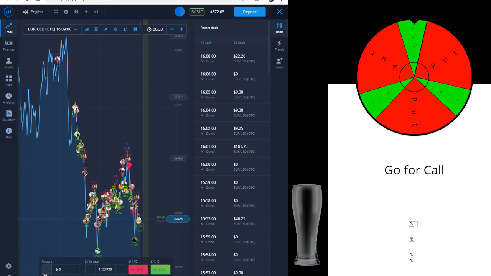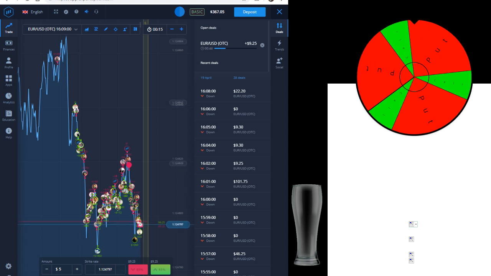Okay, so I have to go back to my $5 amount downwards, and I will spin the wheel.